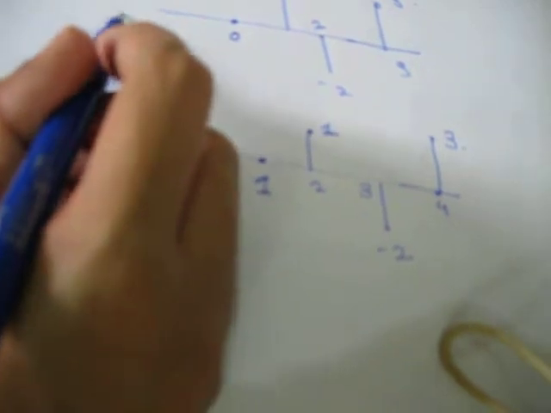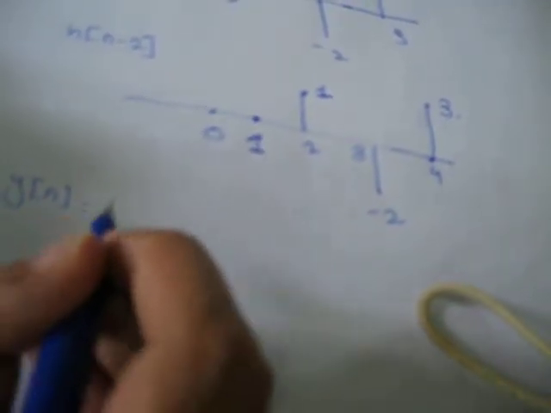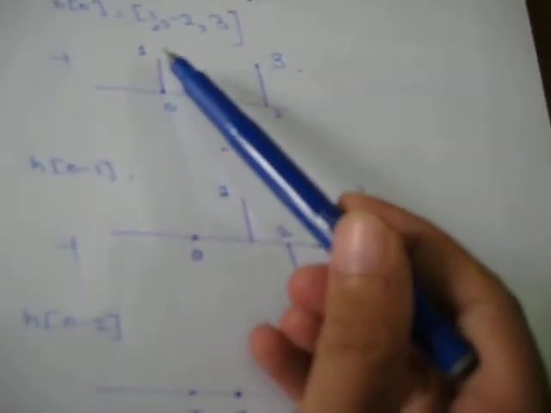Now how will we calculate y of n? We will calculate y of n by adding these three impulses. So for index minus 1 we will get 0, for index 0 we will get 1 plus 0 plus 0, so it is 1.